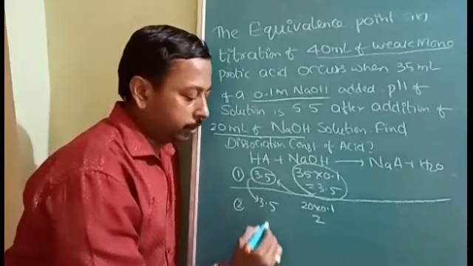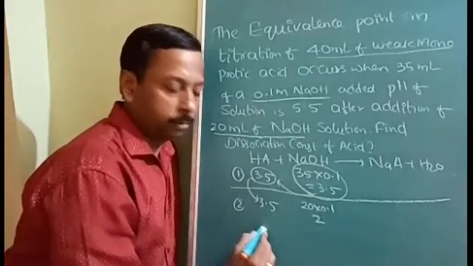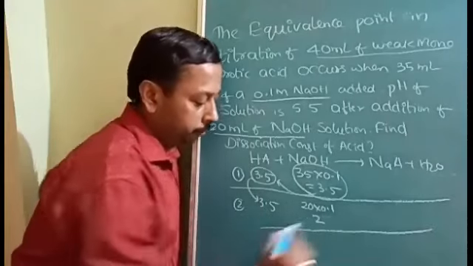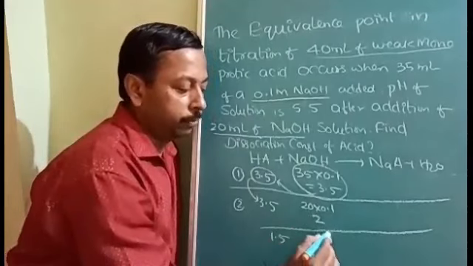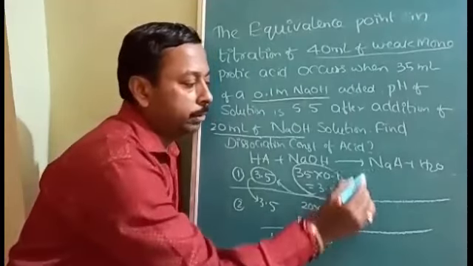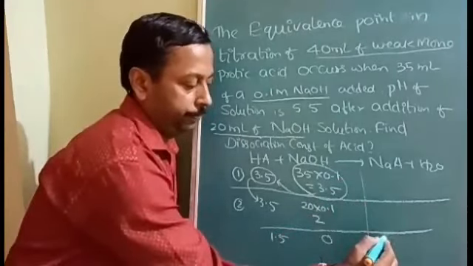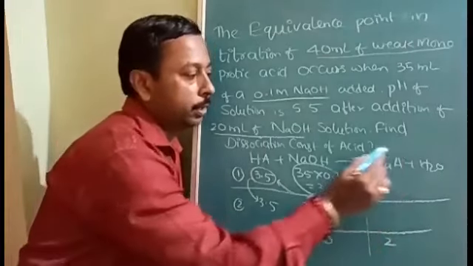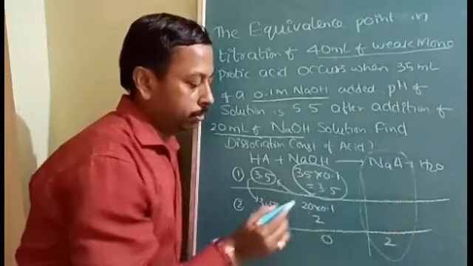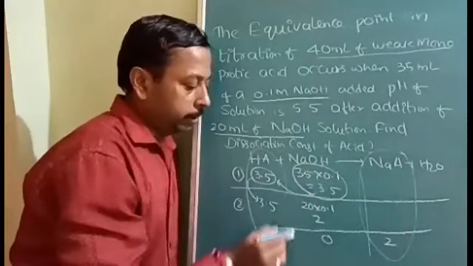After the reaction, which will be left over? 1.5 of the acid will be left over. How much base will be left over? 0. And how much salt will be formed? 2. So the salt is 2 and the weak acid is left over.